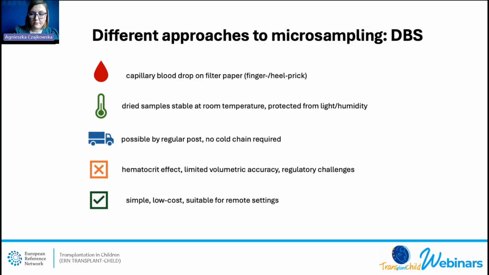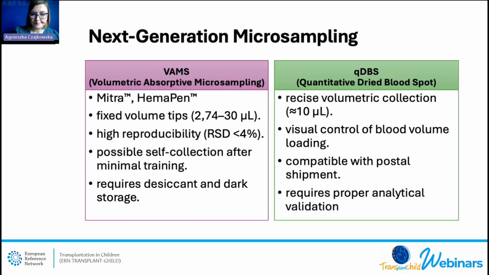There are also issues with volume, accuracy, and regulatory acceptance. Nevertheless, DBS is widely used, particularly in screening programs, and some countries decided that it is the best option for their patients.